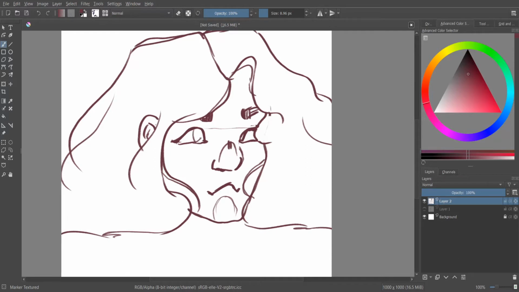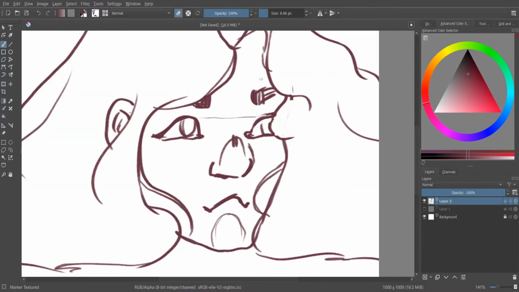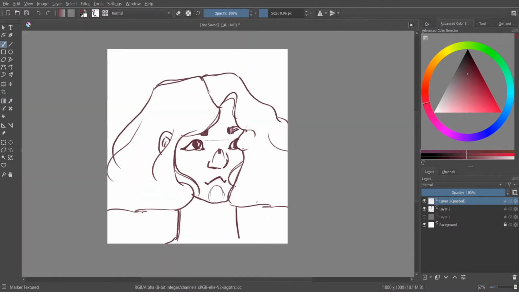So basically with the tablet, I noticed something about its calibration. It's that the further you get away from the center of the tablet, the less accurate it is. How I fix this is by playing and goofing around with the calibration settings.